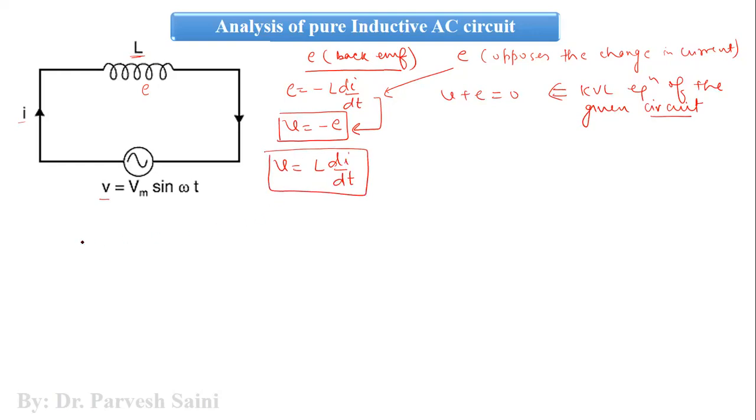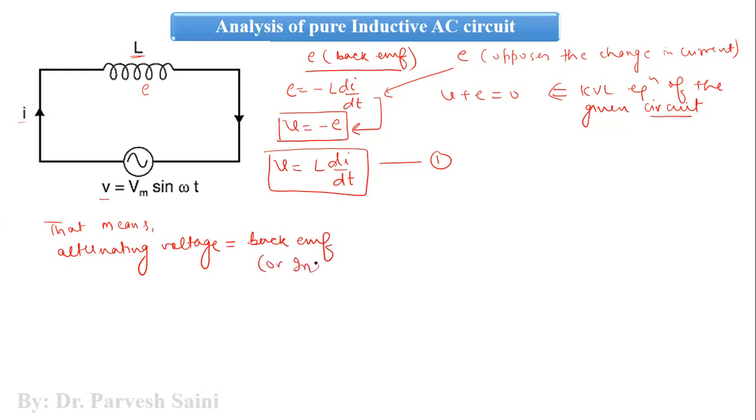This is, for example, equation number 1. That means the alternating voltage is equal to the back EMF, or you can say the induced EMF. Okay, so this is the induced EMF. Now let us solve this equation. So we can rearrange this equation.